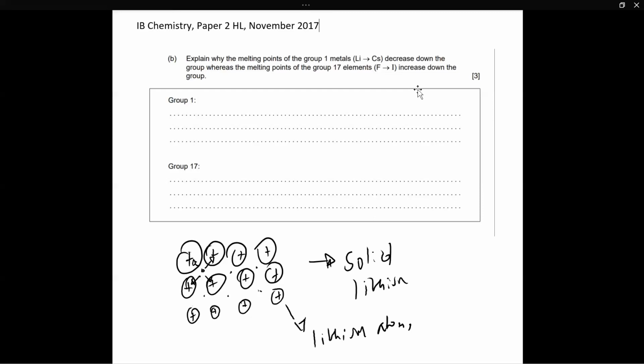Hopefully that makes sense. Now, the answer that you should put for this should be, of course, more technical. You can't go into such detail like I have explained.